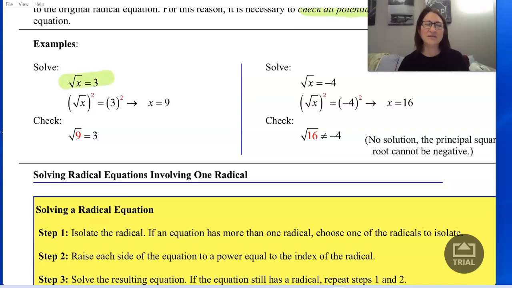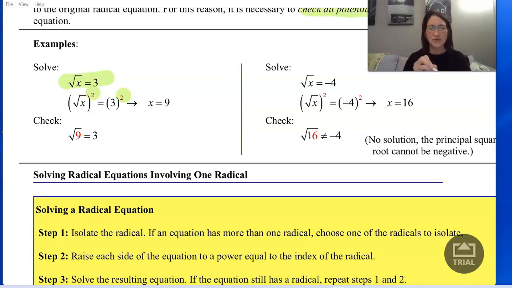I just highlighted the square root of x equals 3. The way you solve any radical equation is you raise both sides of your equation to a power equal to the index. So that's why we raise both sides to the power of 2.